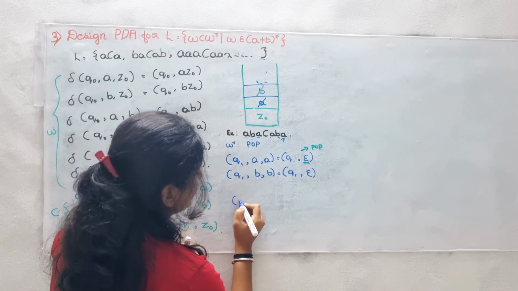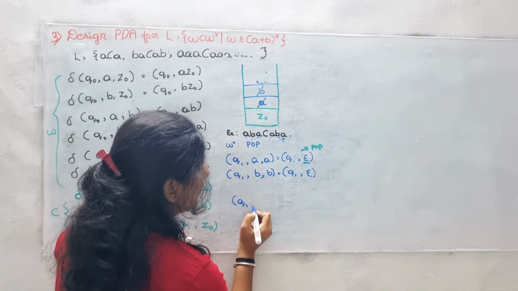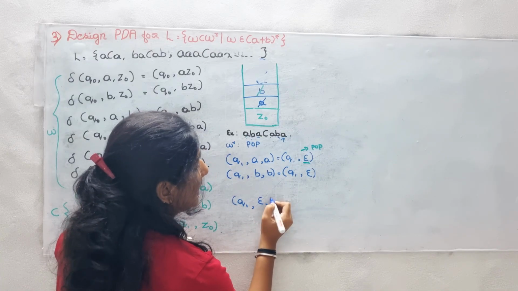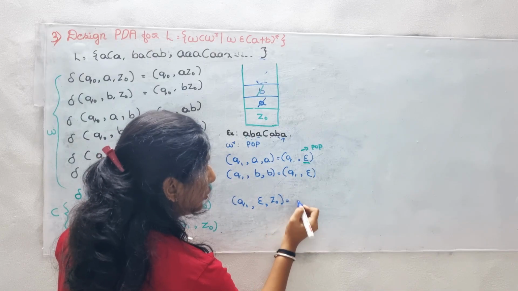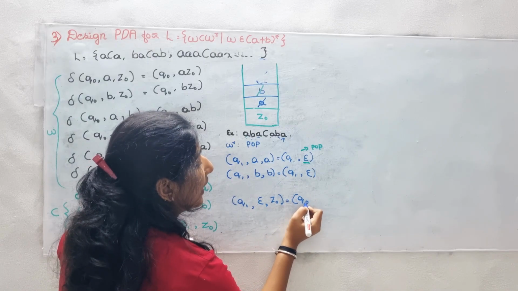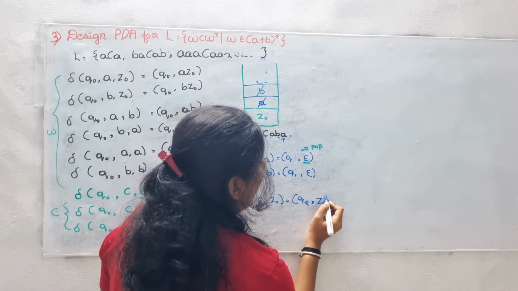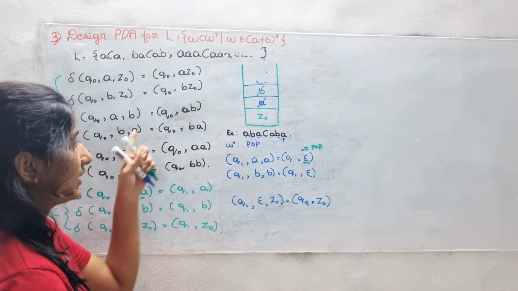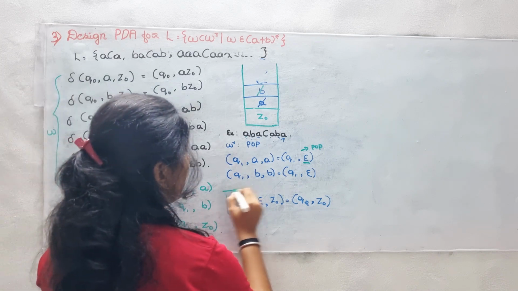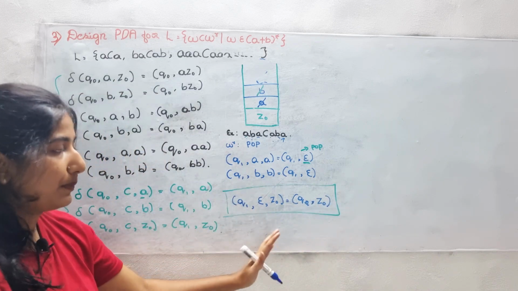So when I am in state Q1, there is no input symbol left and the top of stack is Z0, I have to move to the final accepting state Q2 and the top of stack remains as it is. Okay, so this is for the final accepting state.